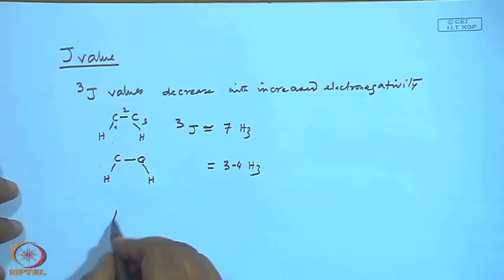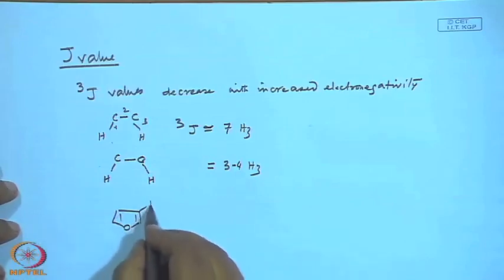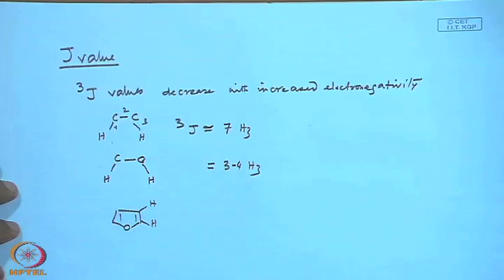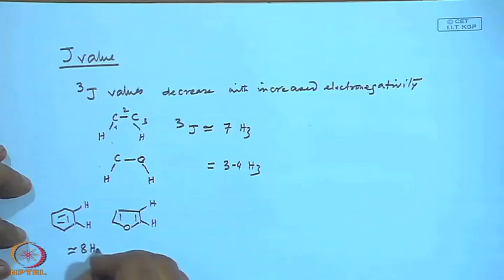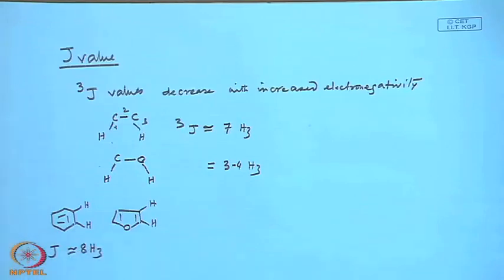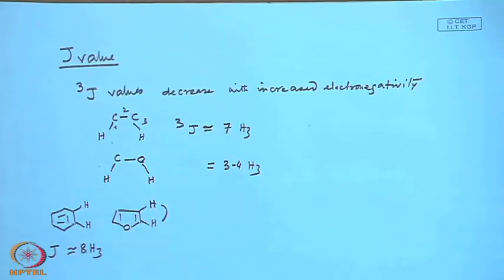Our reference, again, let us say this hydrogen and this hydrogen, is 3J in benzene. What is the coupling constant for benzene ortho hydrogens? 7 to 8. Okay, the standard value is 8. So now you see what should be the coupling constant between these two hydrogens in furan.